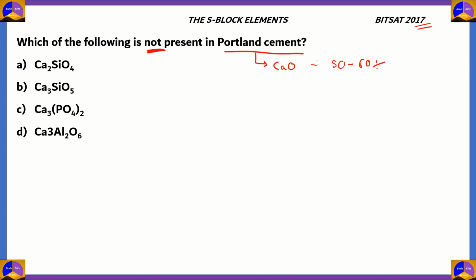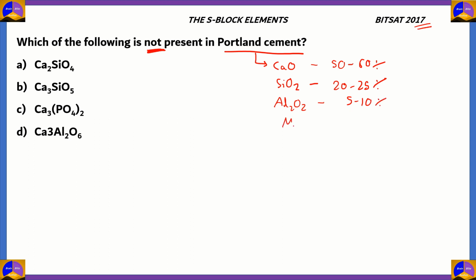Now let's look at the other components. You also have silica or silicon dioxide. So you have about 20 to 25% of SiO2 present in cement, because you need to put sand in there. And you also have oxides of metals, for example Al2O3, 5 to 10%.